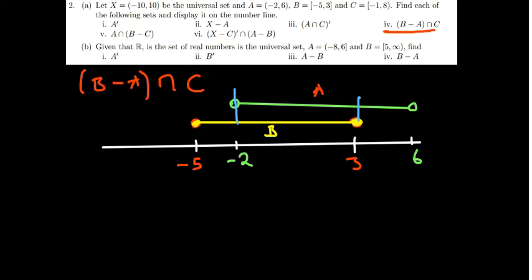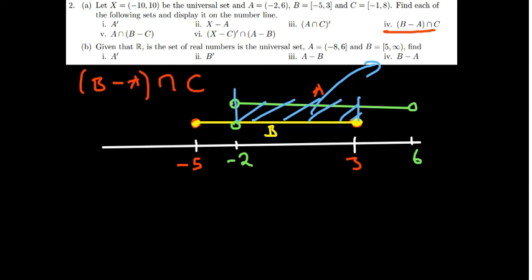We'll remove the common region from B, because we are removing every part of A from B. If that part moves away, what remains is B minus A, or B without A. So our B will move from negative 5 and end at negative 2.